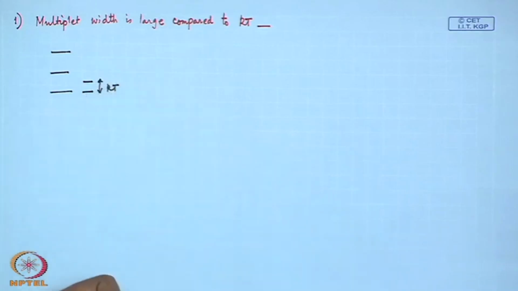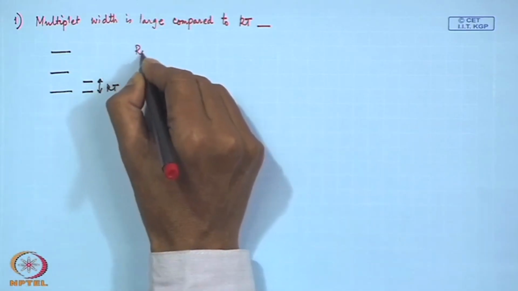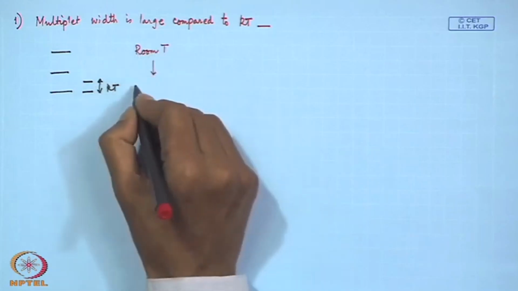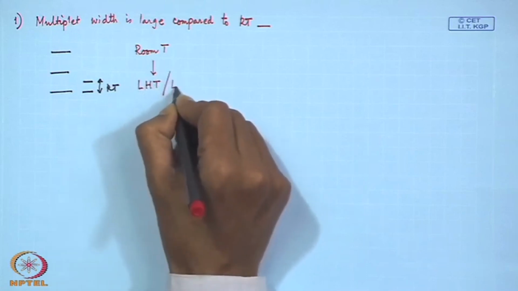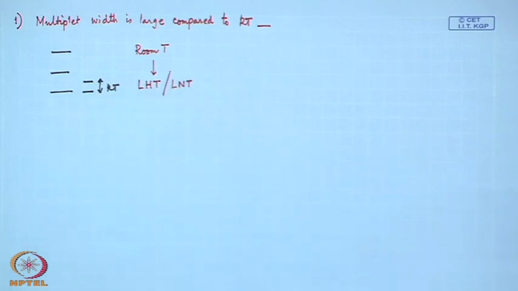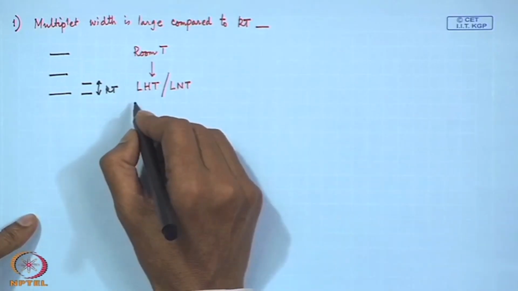So the thermal energy available, say we are measuring the magnetic moment from room temperature down to liquid helium temperature or liquid nitrogen temperature. These liquid nitrogen and liquid helium temperatures are useful for determining magnetic moments at low temperatures.